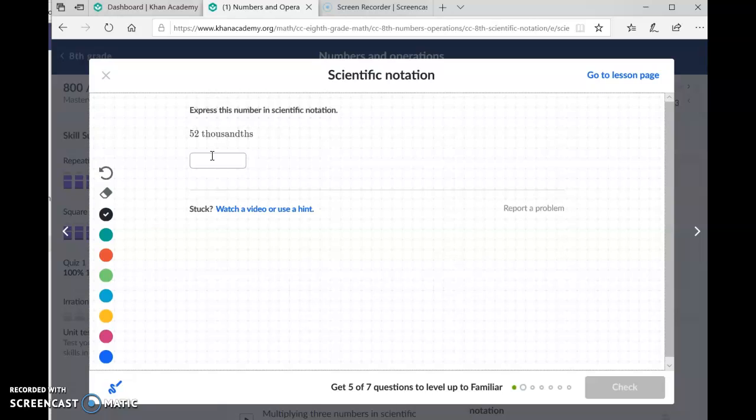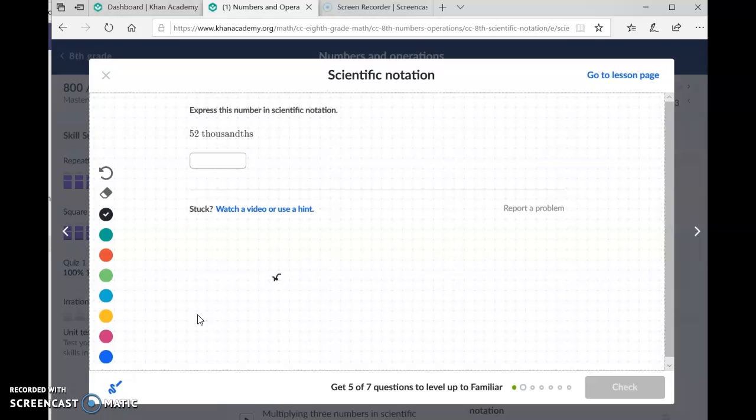Okay, next one here. Express this number in scientific notation. So again, something you learned in elementary school. I think this is like a 4th or 5th grade standard. So basically, first we got to start by writing it in standard form. So what does this look like once we write it out? The thousandths is a big indicator that this is decimal. So let me see here.